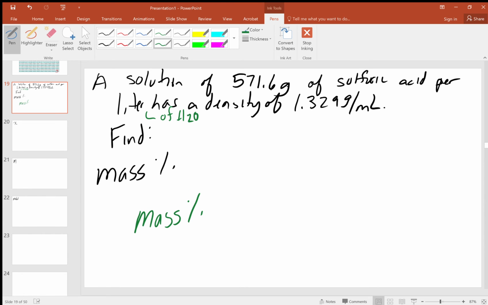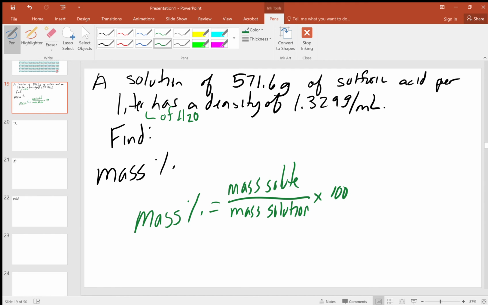So mass percent is equal to the mass of solute over the mass of solution times 100. Now we haven't defined an amount of solution here, but that's okay because we can just pick anything because we're given a ratio, 571.6 per 1 liter.